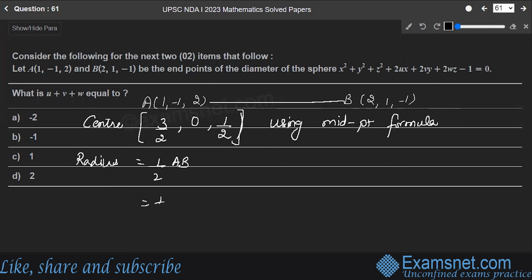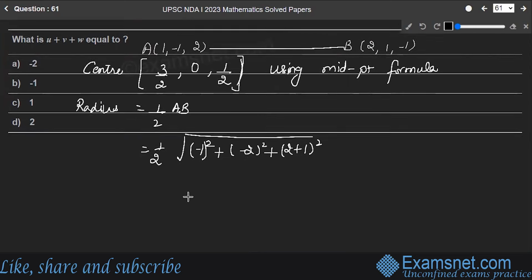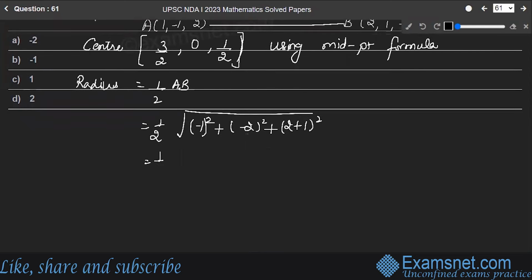So radius is half of AB, which is half of the root of 1 square plus minus 2 square plus 2 minus of minus 1, that is 2 plus 1 square, which is half of root of 1 plus 4 plus 9, that is equal to root 14 by 2.